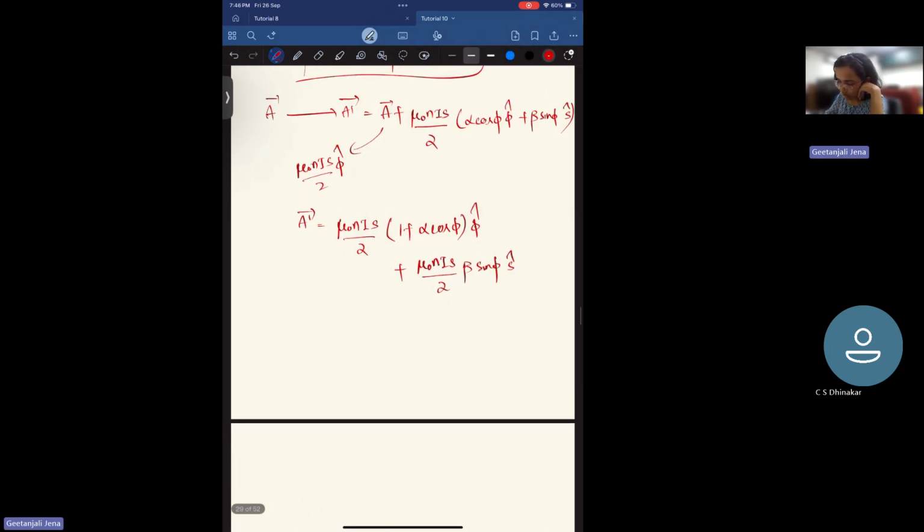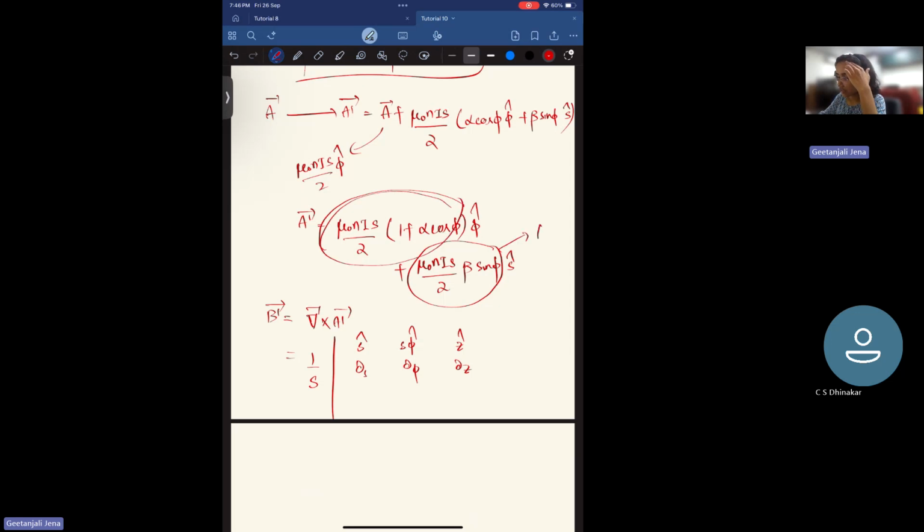So what will be the magnetic field now? B prime is curl of A prime, which is 1 by s times the determinant of s cap, phi cap, z cap, dou s, dou phi, dou z. For s, you can put this one, and for phi, let us say this is A s, this is A phi, and A z is 0.